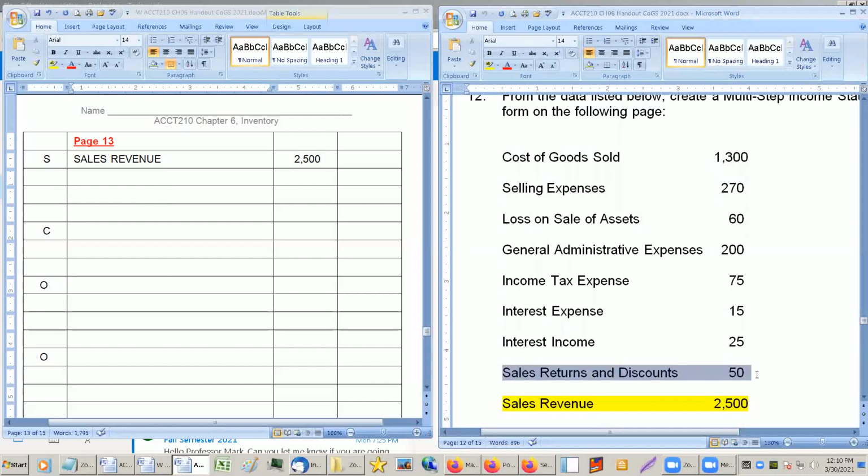Now we have these sales discounts and returns. So this is stuff that has been returned to us, so it's going to reduce our sales. We sold the stuff, but it came back. So that's what that is. Sales returns, so that's going to be a minus 50.